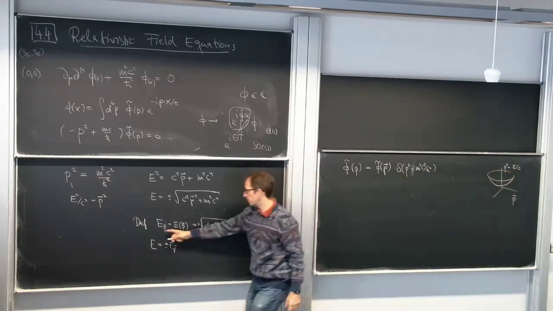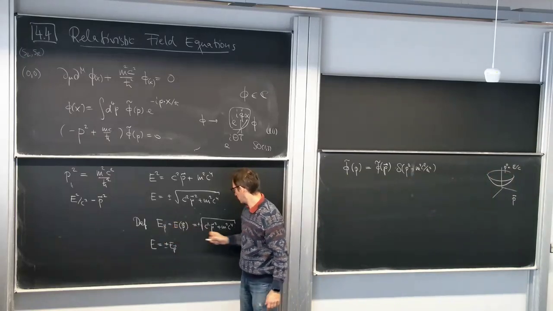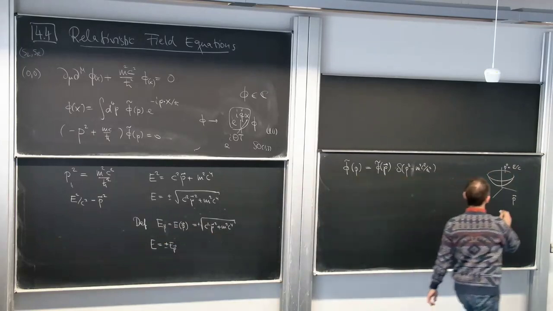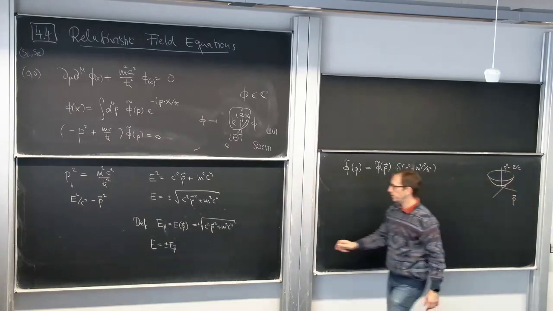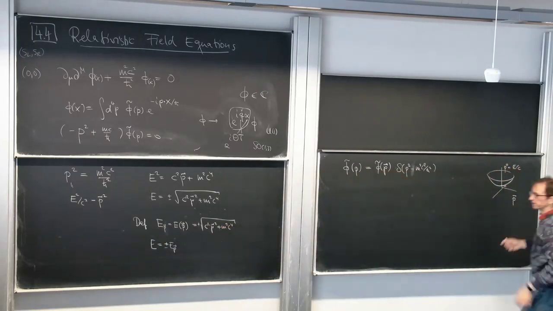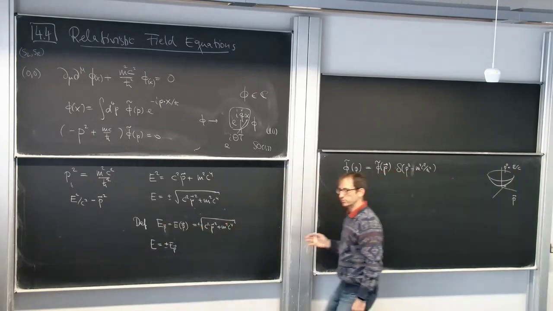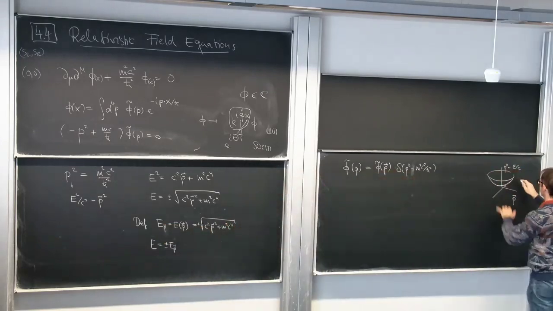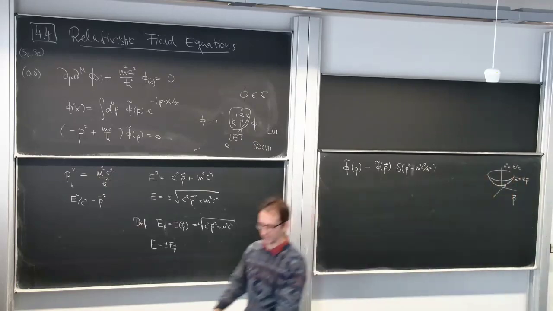This is a hyperbola, right? If p is zero, then E is m. That's the value where you hit the axis at m. And then if p goes large, it becomes a straight line, because then you can forget about the mass term, and E is proportional to the absolute value of p. So that is the positive energy mass shell, and then you have a negative one, and I have colors.